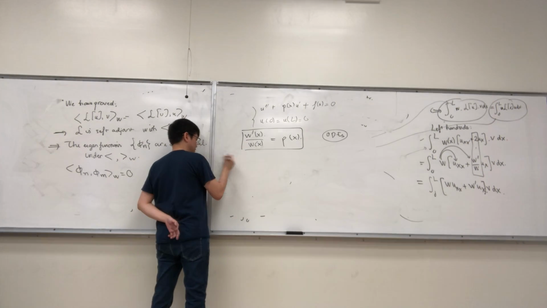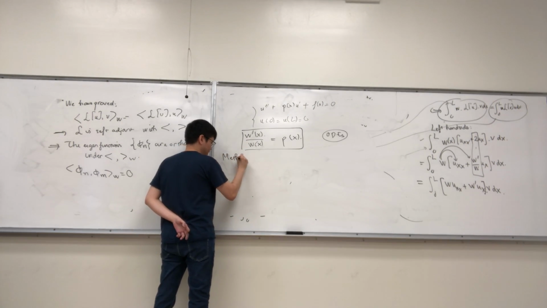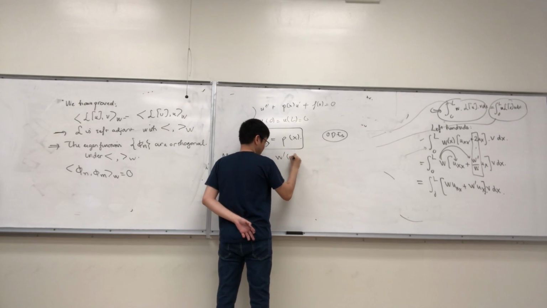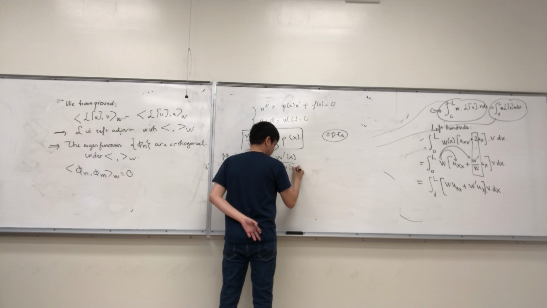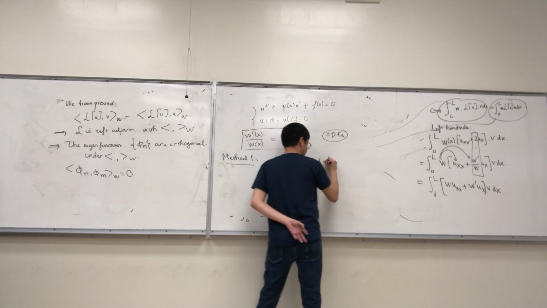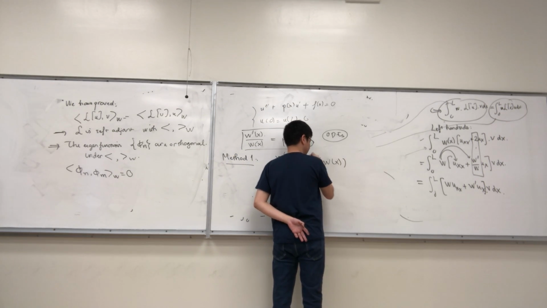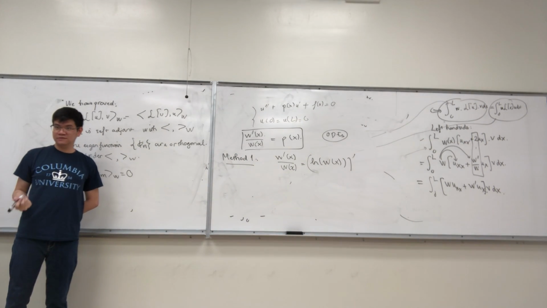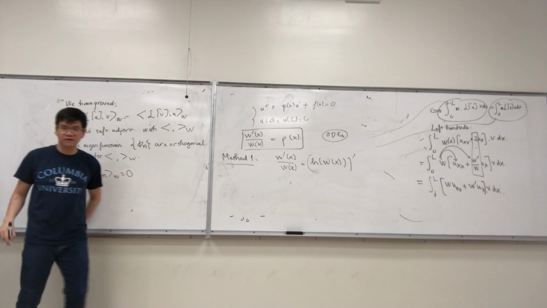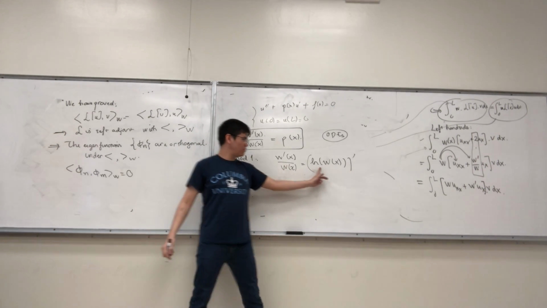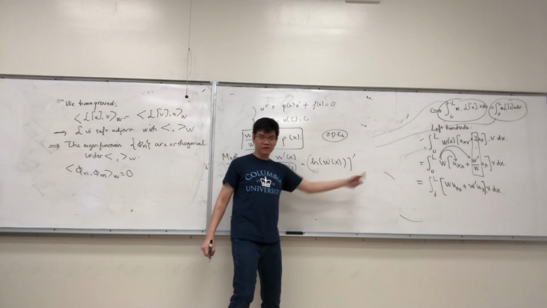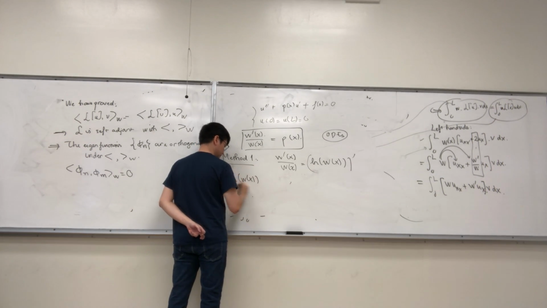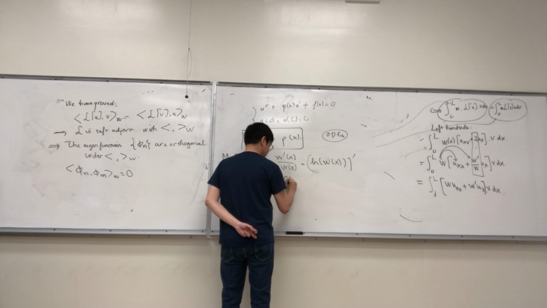The first, method number 1, is that you observe that w prime over w is the derivative of log of w. This is the fastest way. So you have w prime over w is the derivative of log of w.